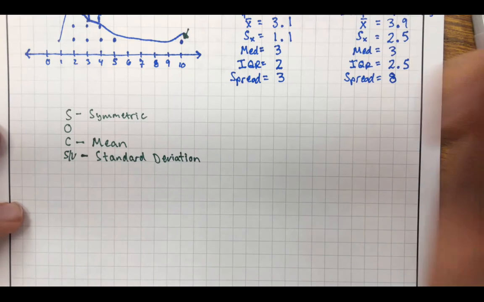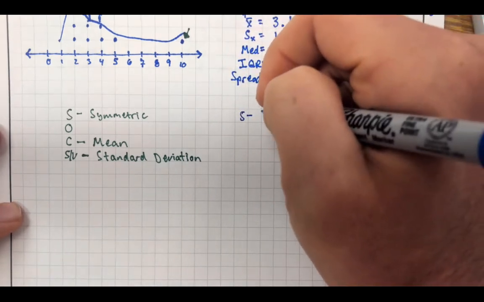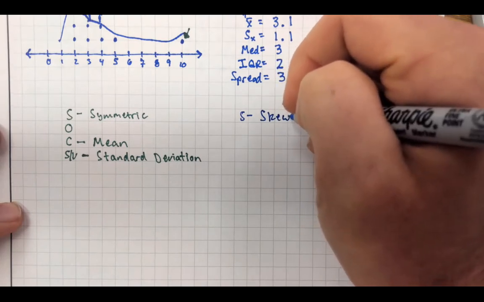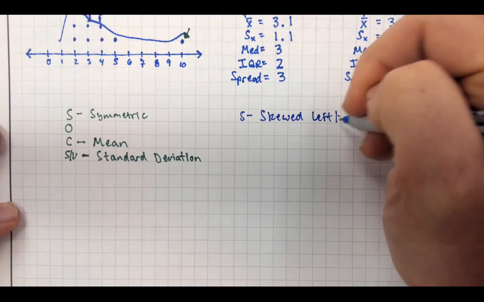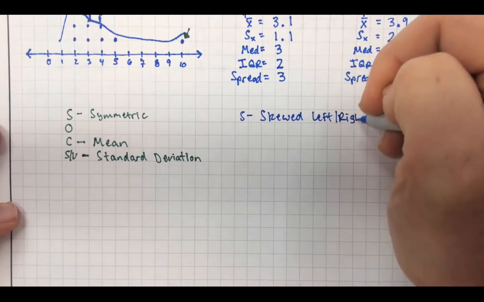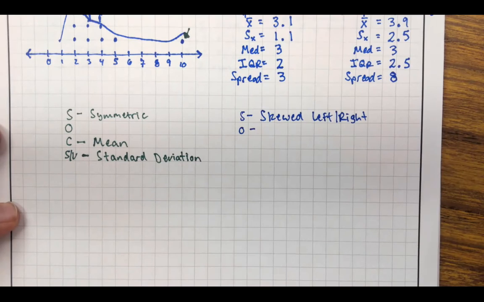Okay, so alternatively, for your shape, if it is skewed in either direction, left or right, it doesn't matter. If it's skewed left or right, sure, we're still going to list outliers if there are any.